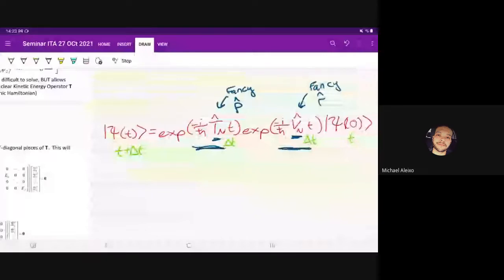there's a technique, and again, I won't go too much into this technique. It's called the split operator method. Some of you may already be familiar with it, for propagating a wave function in time.